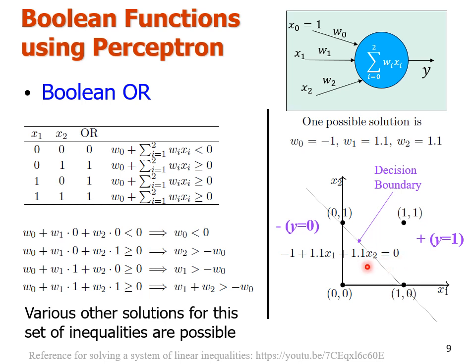So it is this line -1 plus 1.1 x1 plus 1.1 x2 equal to 0. Thus, it is clear that the solution separates the input space into 2 spaces, negative and positive half spaces, and it differentiates the samples. Once again, I encourage you to try it out for other Boolean functions such as AND, NOT and so on.